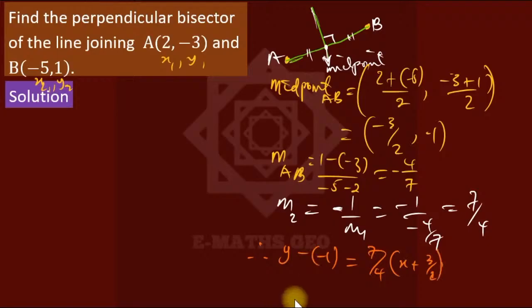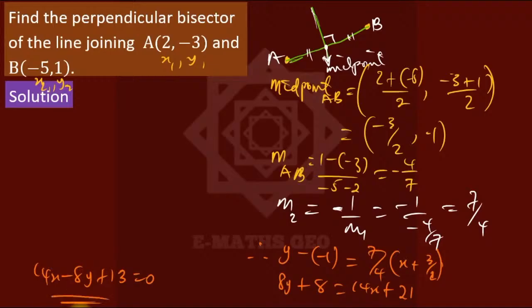Multiplying by 8 to clear the fraction, we have 8y plus 8 equals 14x plus 14 times 3 over 2, which is 21. So the equation we are looking for is 14x minus 8y plus 13 equals 0. So that's the equation.